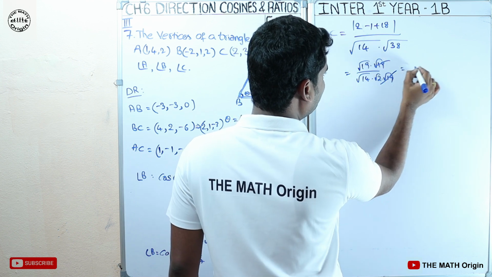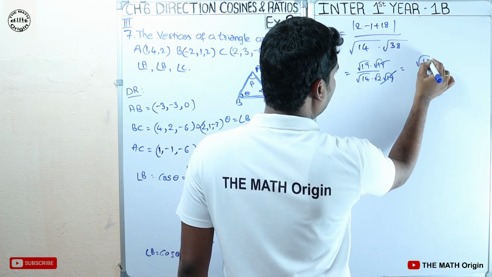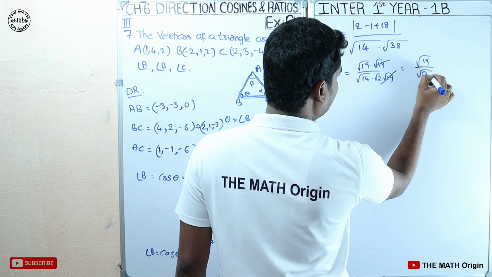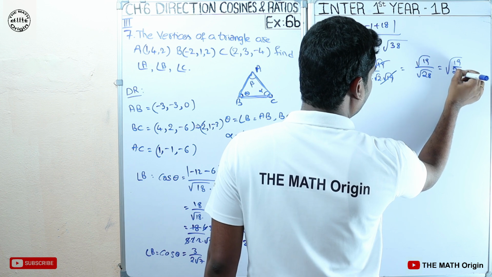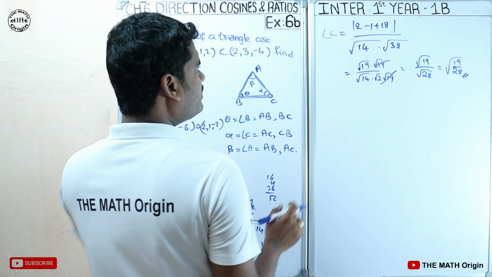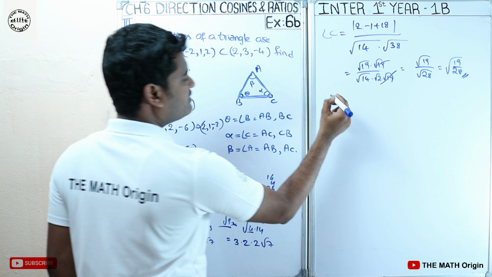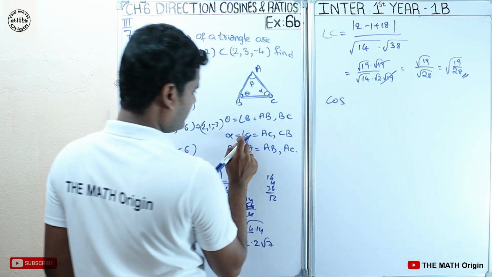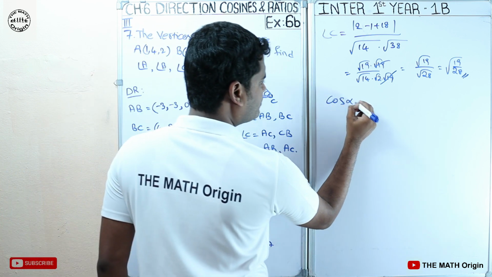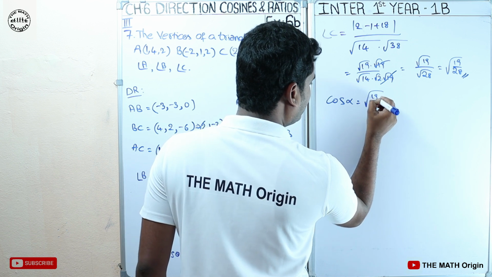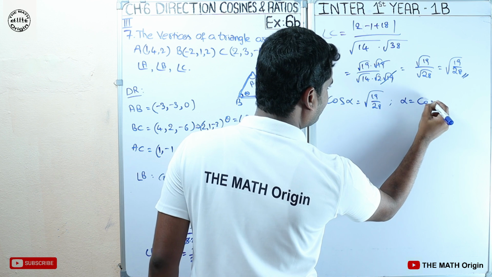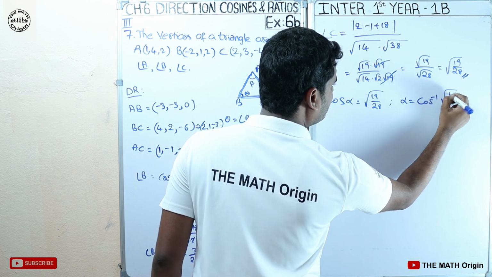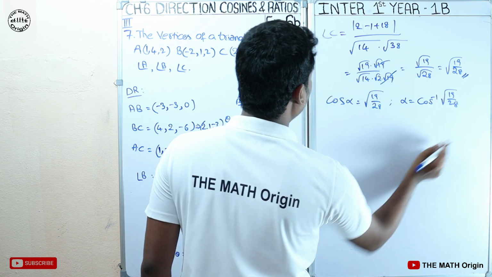Root 19 is cancelled, therefore that equals root 19 by root 28, which is equal to root of 19 by 28. Okay, now we got angle C. Now let's find which is cos alpha. Cos alpha is equal to root of 19 by 28. Alpha is equal to cos inverse root of 19 by 28.